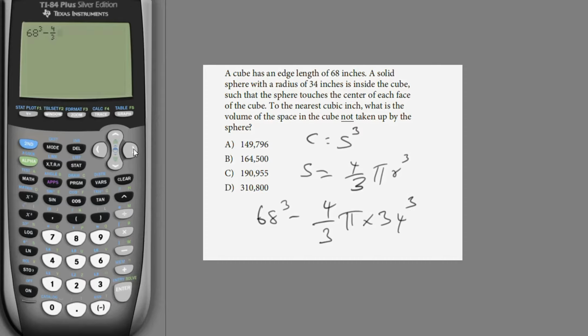Then we have pi. To bring up pi on this calculator, we press second and this button, times 34 cubed. So this is what we have here for the solution represented on the calculator. Let's press the button now to see the output. Whatever we get will be the answer to this question. So let's press enter. So we have the output to be what?